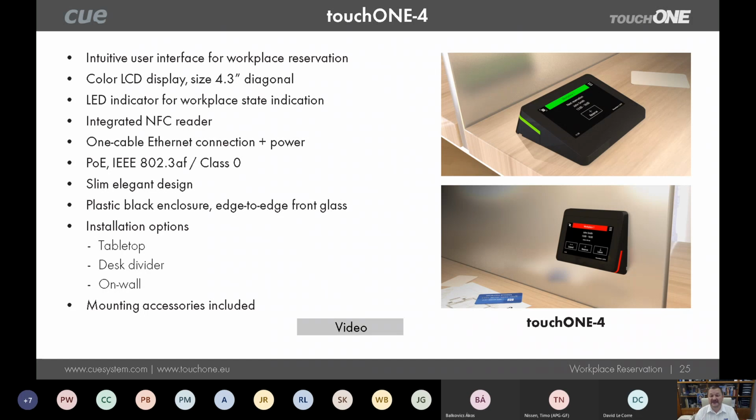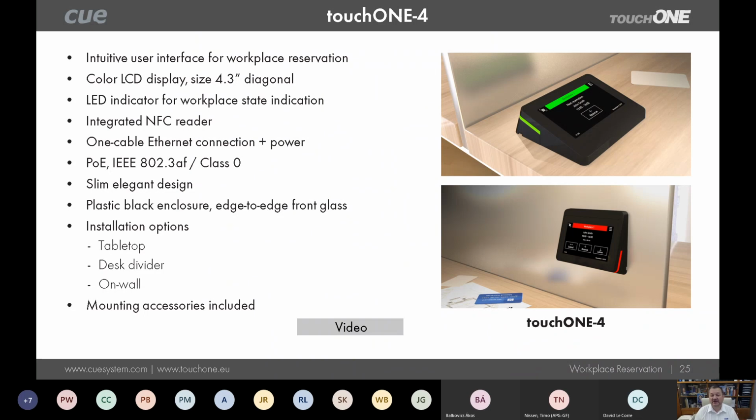So a brief description of the unit. It's a color LCD over 4-inch size. There is a LED bar on the top of the unit. It's a PoE device, Ethernet class, so you can connect it directly to the network, and you need a PoE power to power this unit.